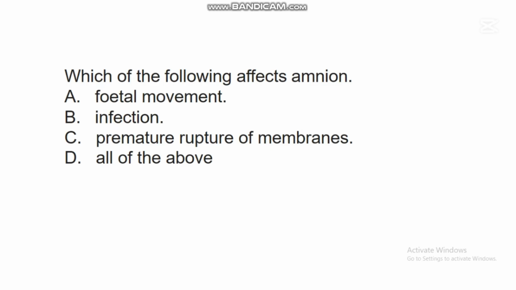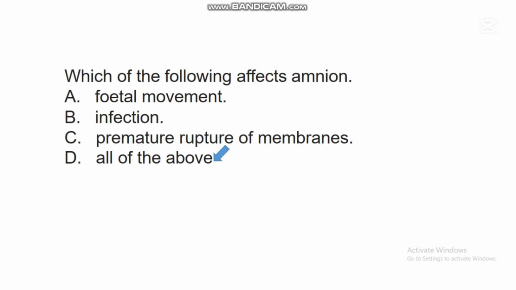The next question says, which of the following affects amnion? A. Foetal movement. B. Infection. C. Premature rupture of membranes. D. All of the above. In this question, the correct answer is D. All of the above.